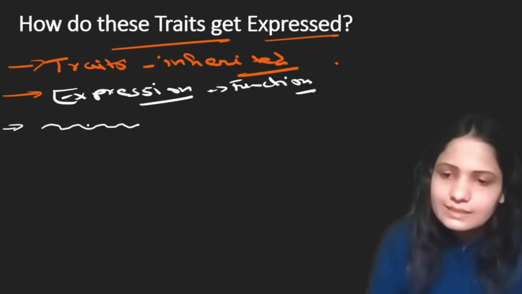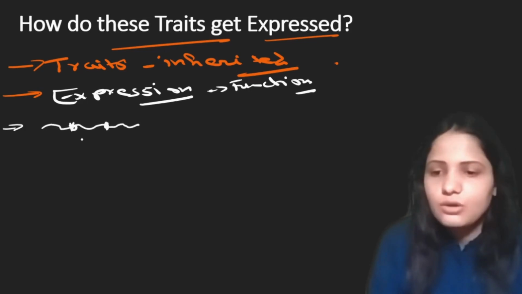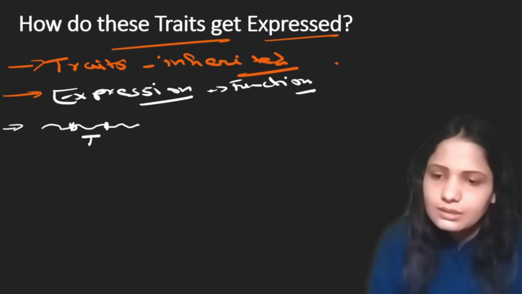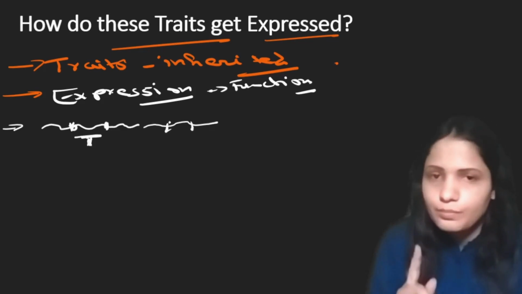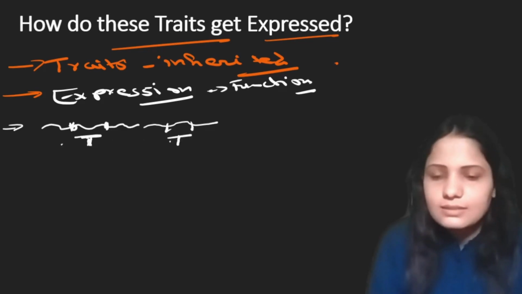The progeny has received this gene from the parent. Let's say this is the gene of plant height, and it contains the T dominant allele. In each cell there will be two copies of a gene, allele 1 and allele 2.